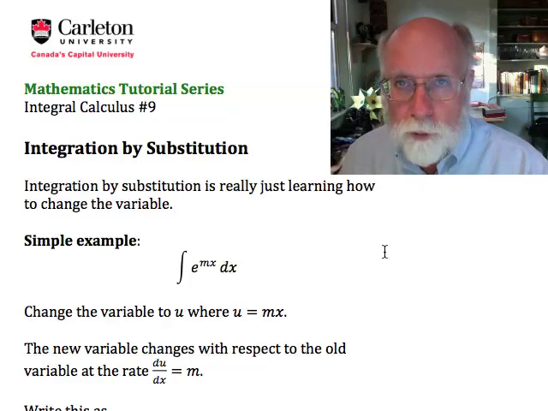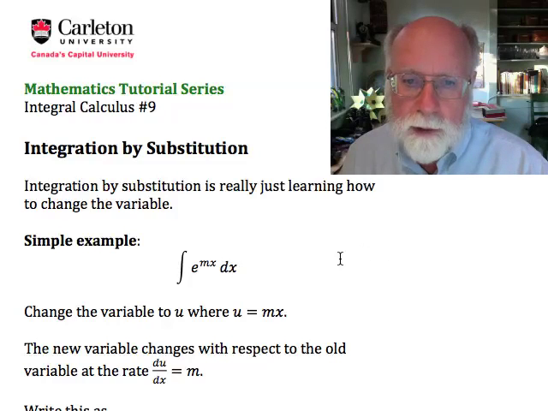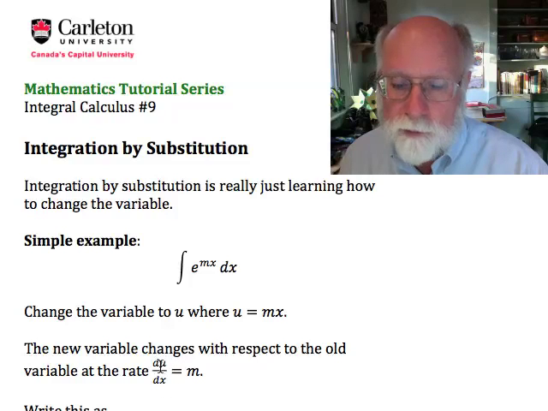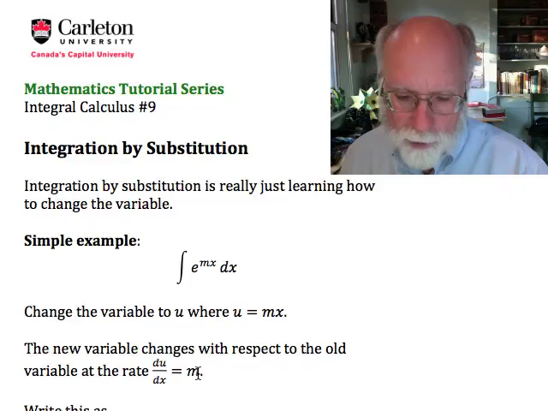Suppose we want the integral of e to the mx dx. What we could do is change the variable to a new variable u, where we set u equal to mx. So this means that we're taking a new scale, and the way that the new variable changes with respect to the old one is given by the derivative du dx, which is simply the constant m.